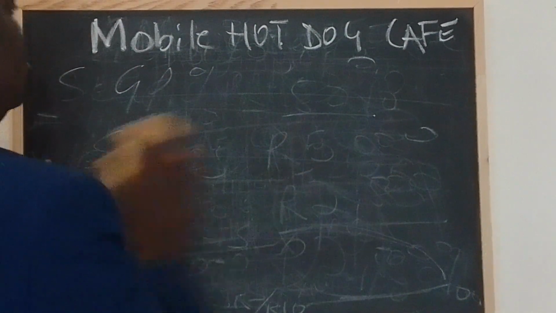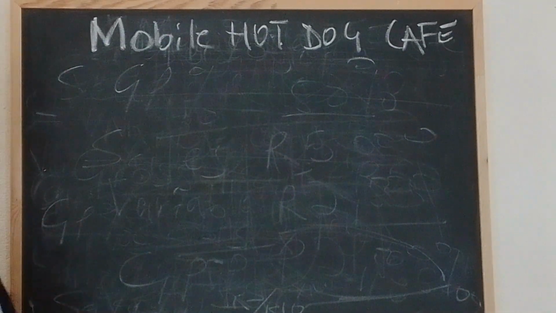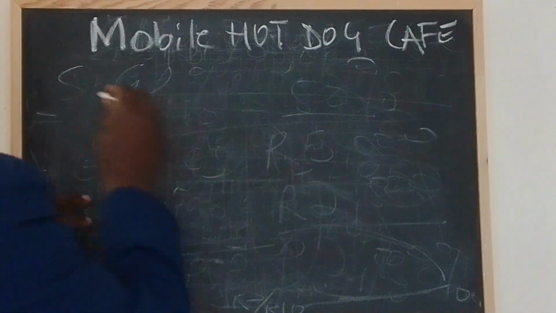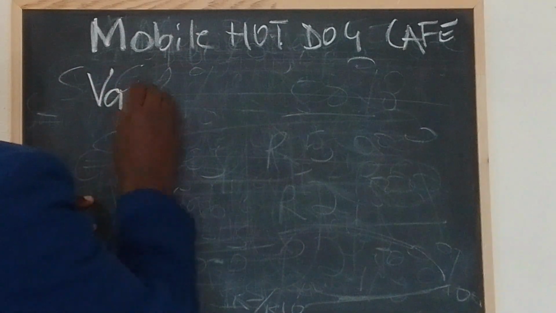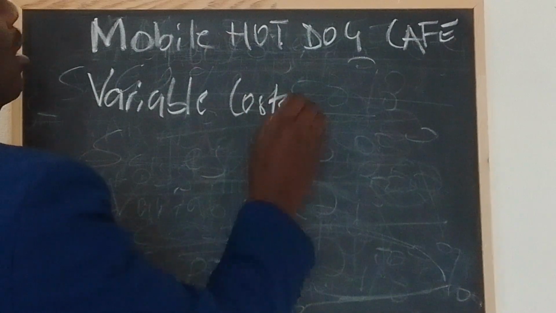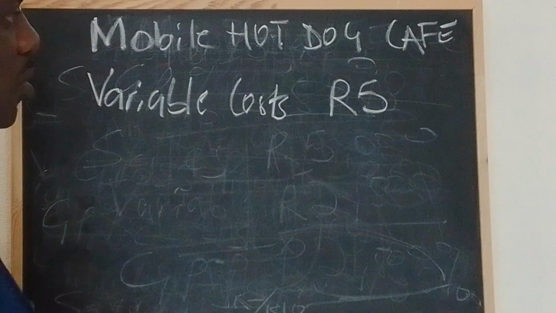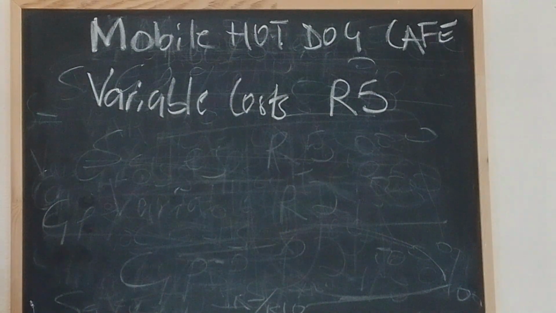Getting very interesting. Now, let's take a step back. Variable cost per unit. It costs you 5 rands to make one hot dog that you sell for 10 rands.